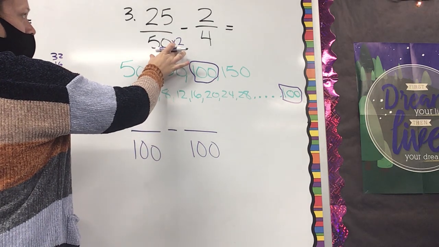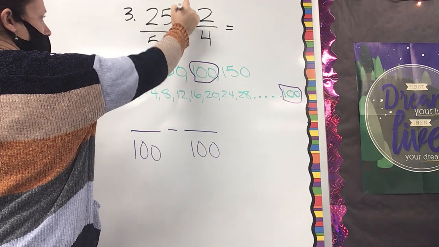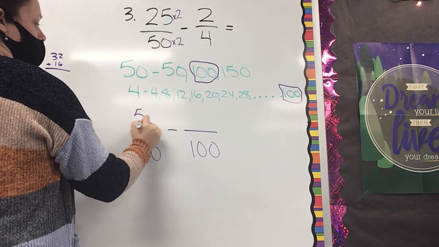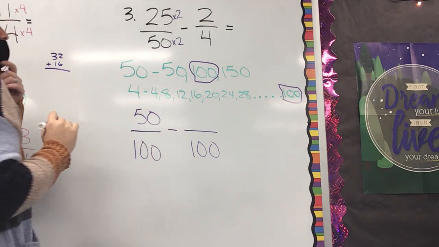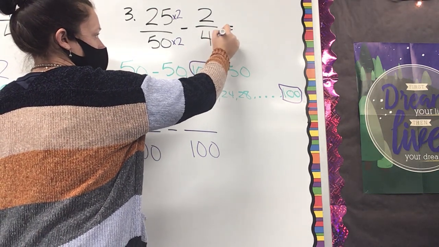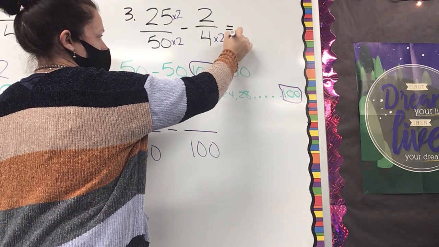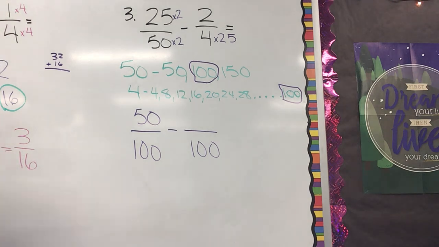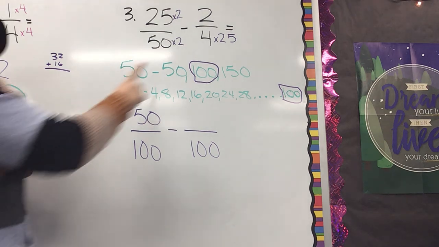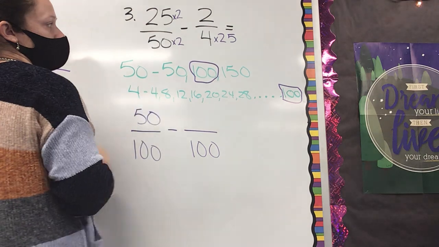And jealous sibling, when I do the bottom, I also have to do the 25 times 2. 4 times what is 100? 25. Think about quarters for this one, guys. 4 quarters. Each quarter is 25 cents.